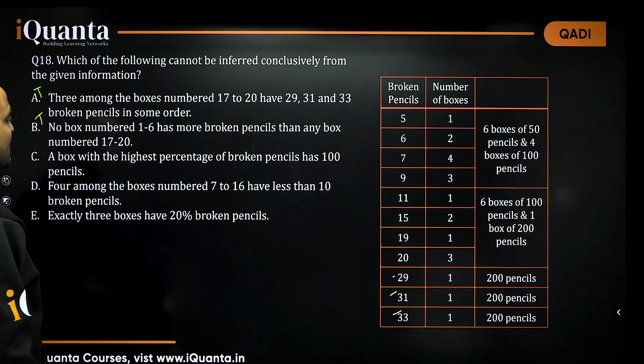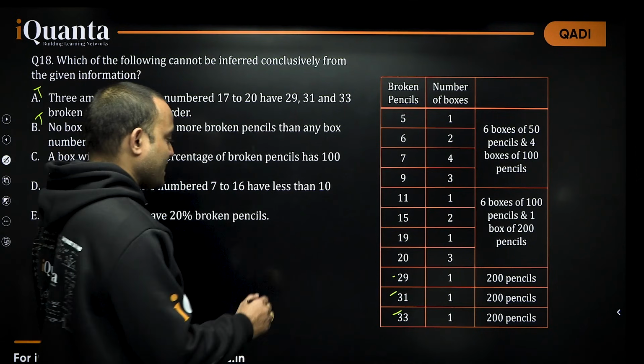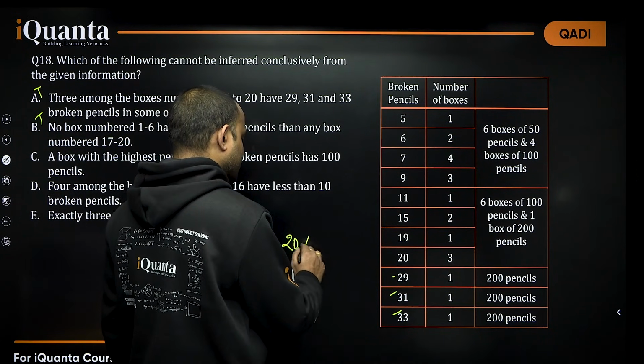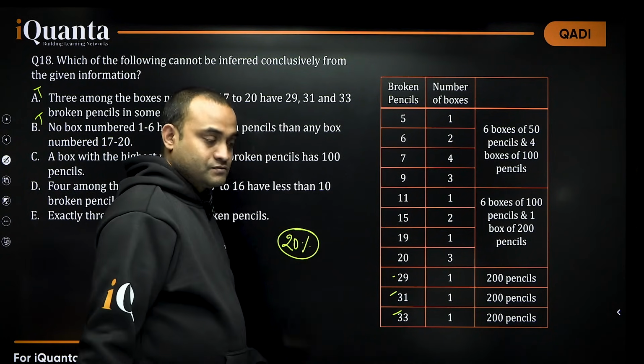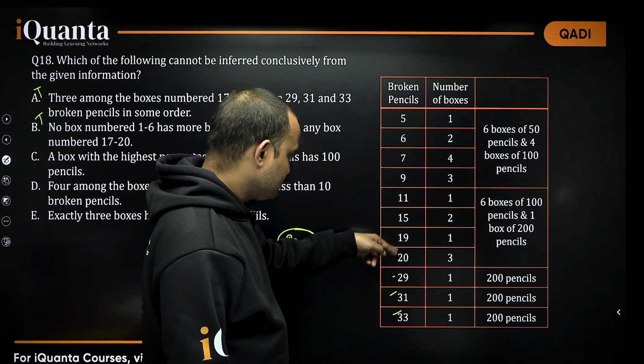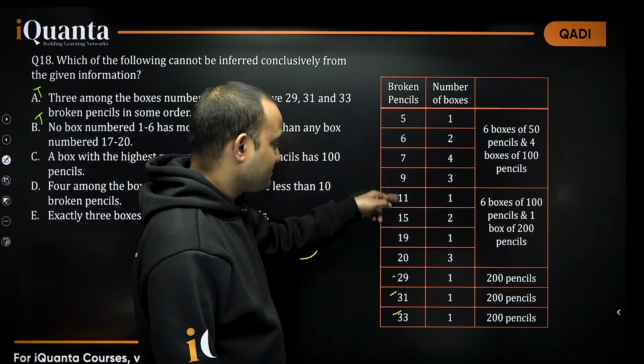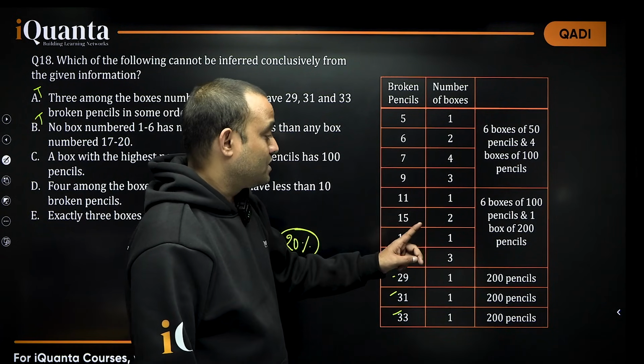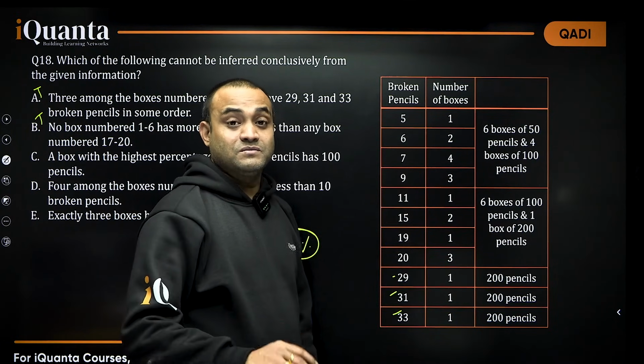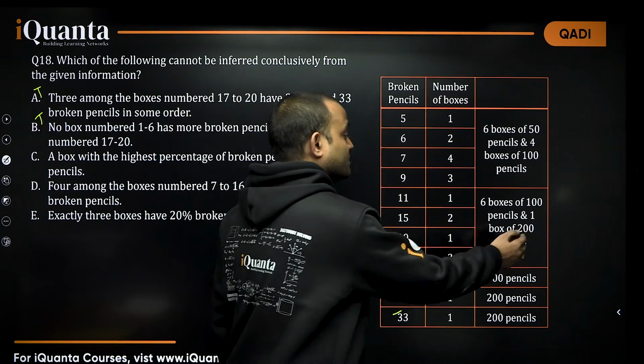A box with the highest percentage of broken pencils has 100 pencils. The highest anyone could have is 20%, right? Now out of these 7, only one of them belongs to boxes number 17 to 20, which has 200 pencils.